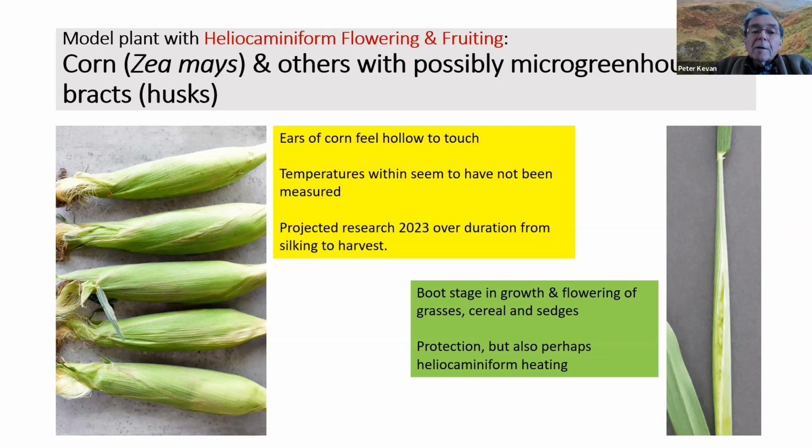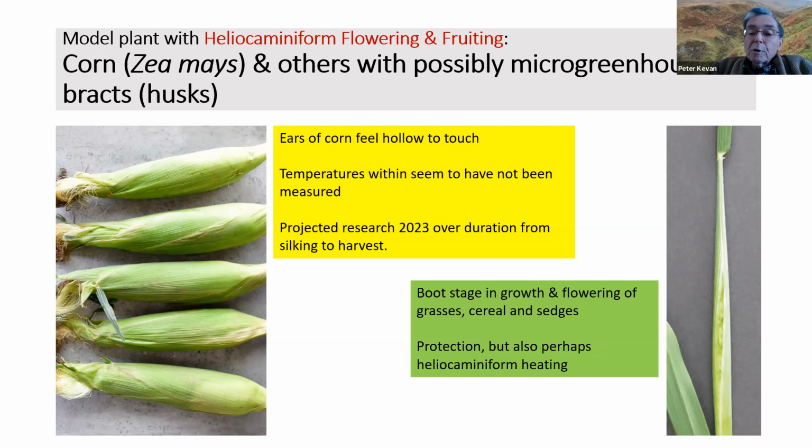Temperatures within those ears of corn seem not to have been measured. And this is one of the things we hope to do this coming summer, is to use a sweet cornfield at Strom's farm, just outside Guelph. Amy Strom and her family have been most welcoming to us.